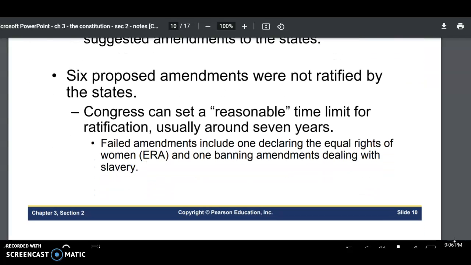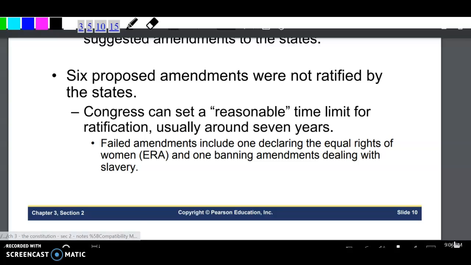There have been 6 proposed amendments that were not ratified by the states. Congress can set a reasonable time limit for ratification, which is usually around 7 years.